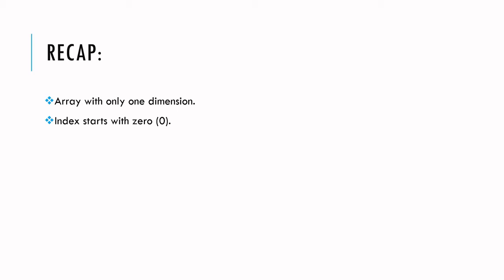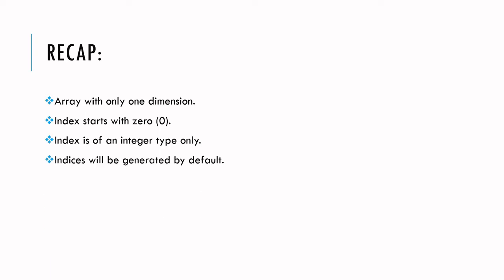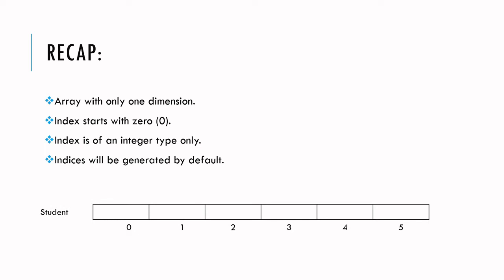The index starts with 0 by default, and the index is of integer type only. We can't change the name of the index. The index type must be an integer type only. Indices are generated by default; there is no necessity to assign indices to the elements of an array.